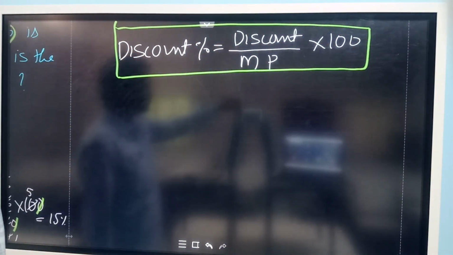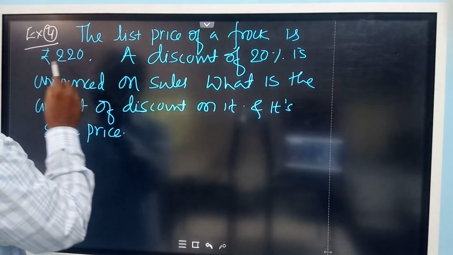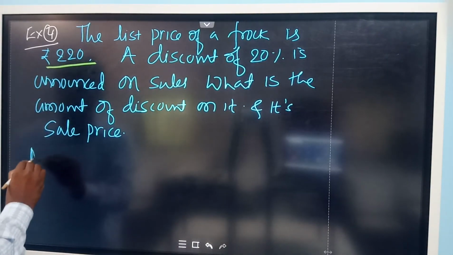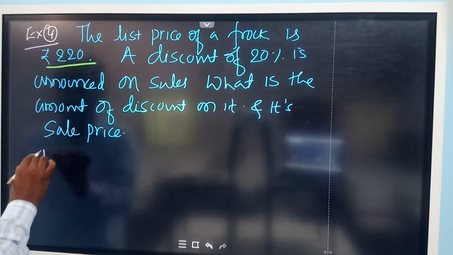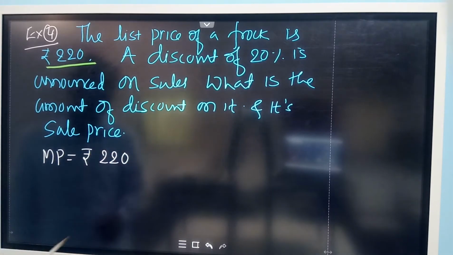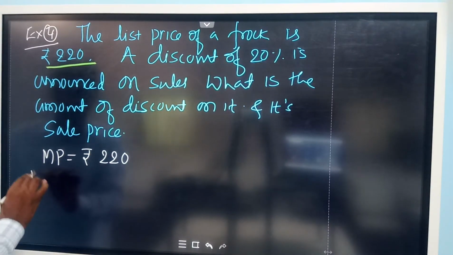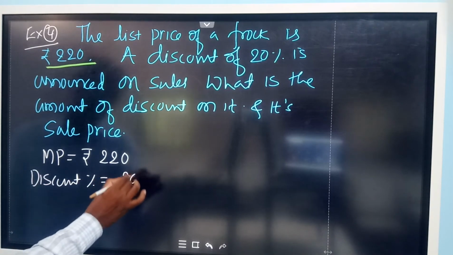Is this question clear? Now the next question. The list price of a frock is rupees 220. That means the market price is rupees 220. Market price and list price are both the same. The discount percentage is given as 20%.